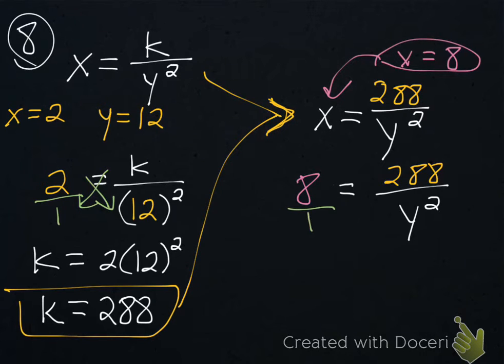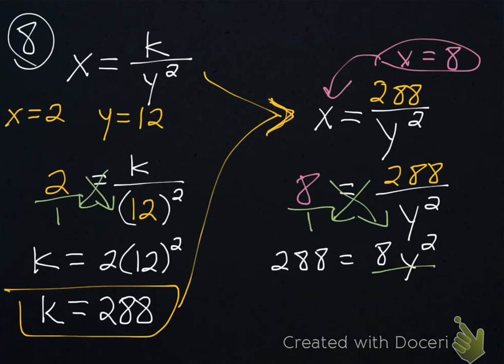And fraction equals a fraction. We can cross multiply. And we see that 288 equals 8y squared. The first thing I have to do is get rid of that 8. So we're going to divide both sides by 8.